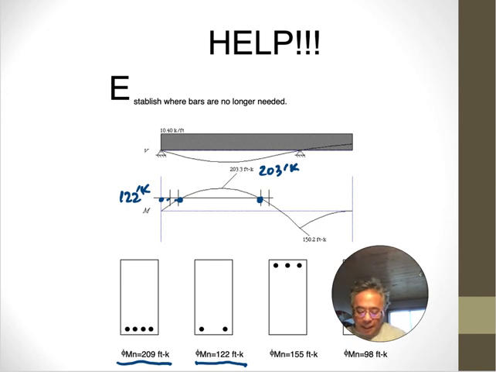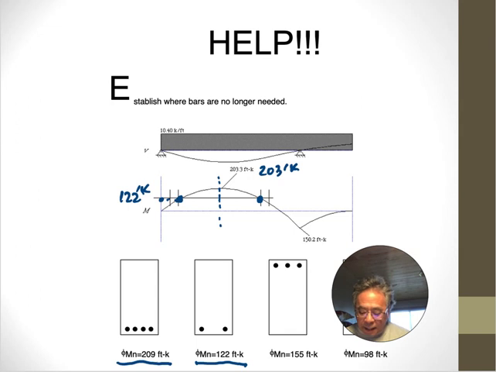And by the way, the moment diagram is a parabola, right? Because, you know, if W is constant, shear is linear, and moment is parabola. And parabolas are symmetric about their maximum. If you think about it, right? That's what a parabola is. And so it will be symmetric around the maximum. And so this here and that there is 122 foot kips on the moment diagram.